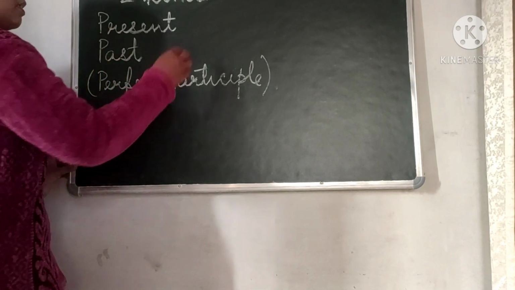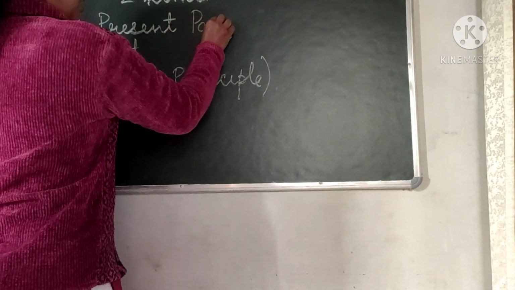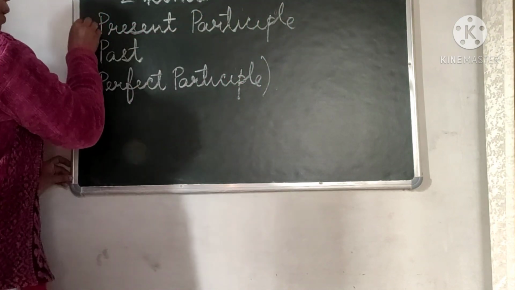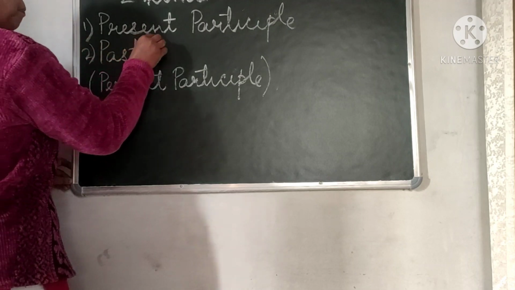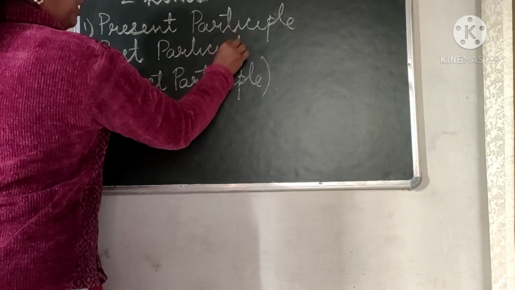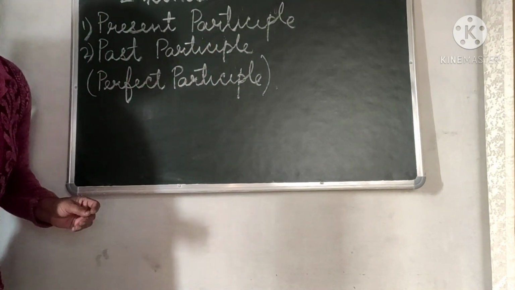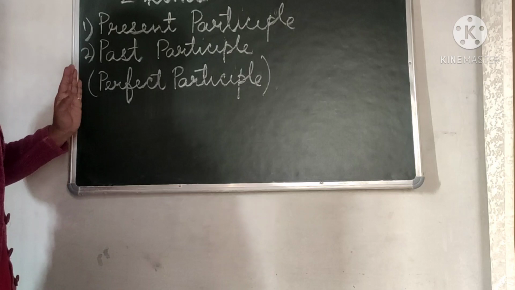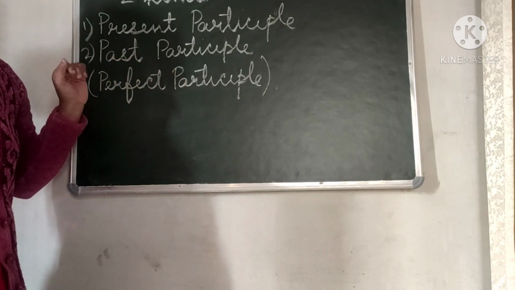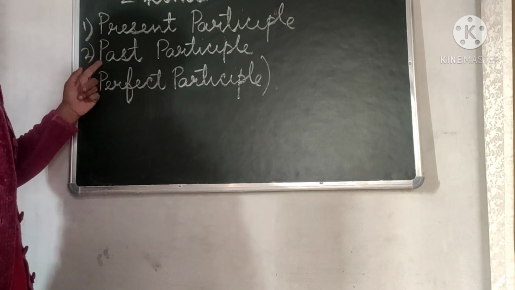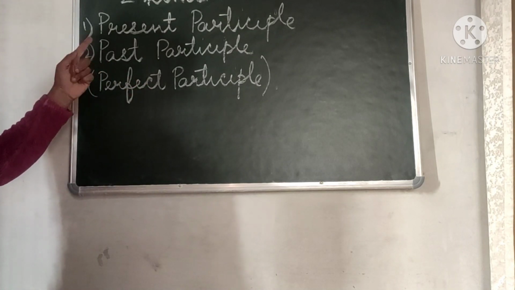Now we'll see that the participles are of two main kinds: the present participle and the past participle. These are the main two kinds of participles, and we have a third participle, which is also known as the perfect participle. We'll be studying that later on. First let us see the present participle.